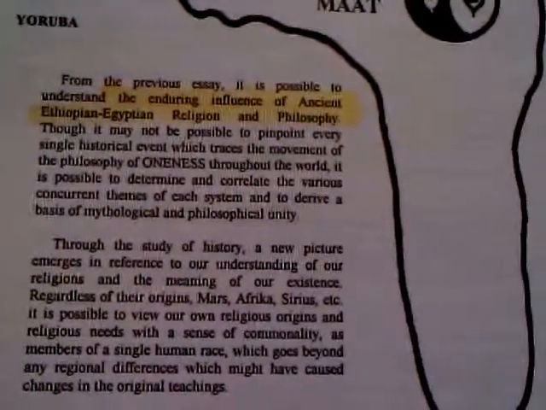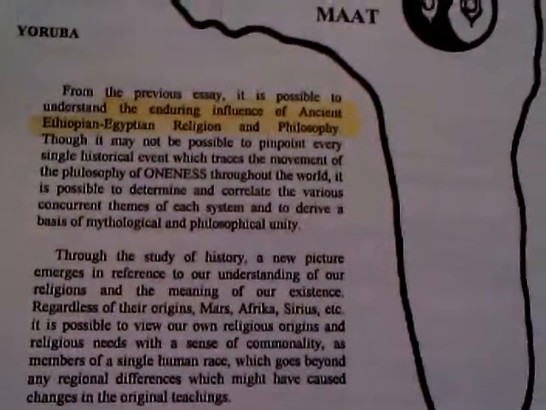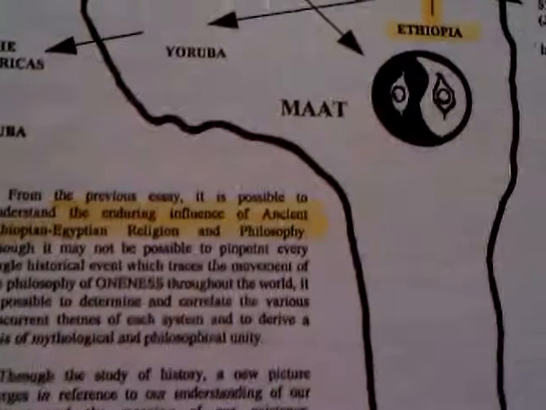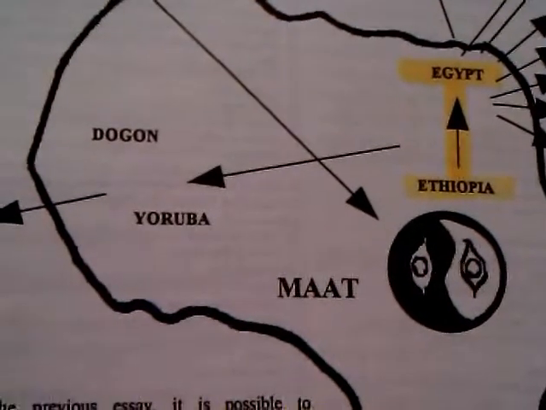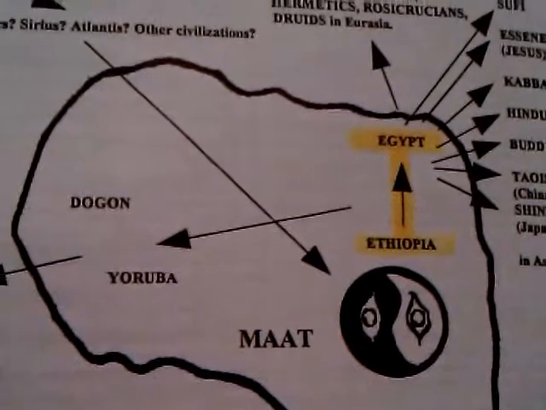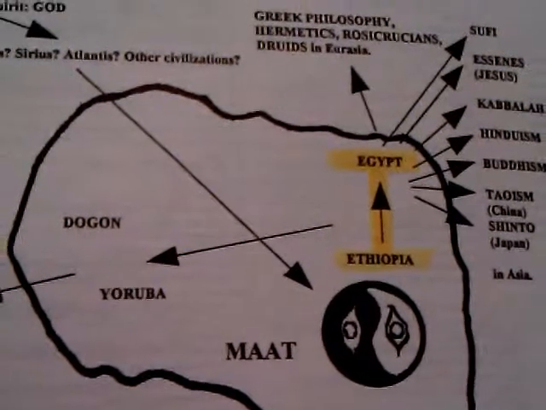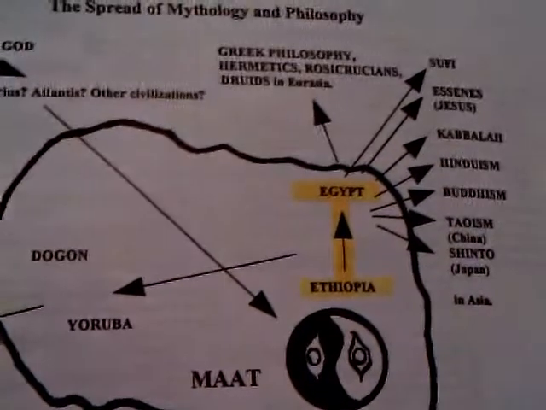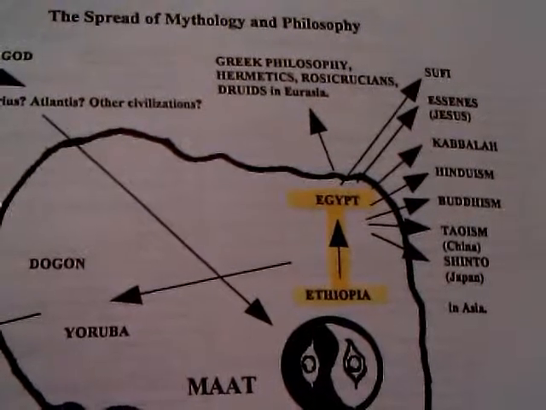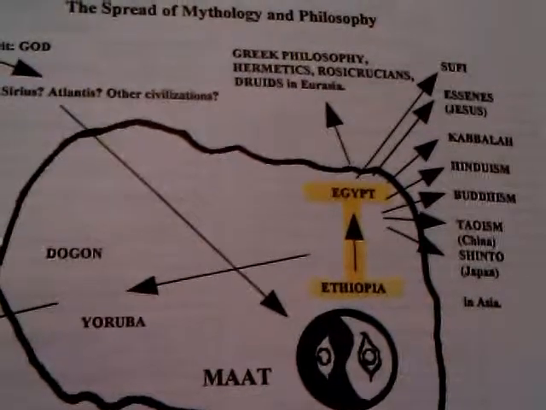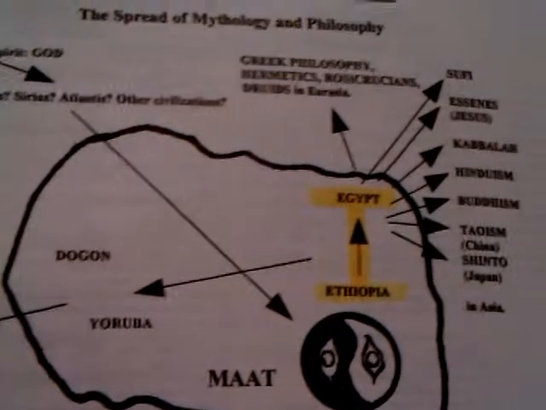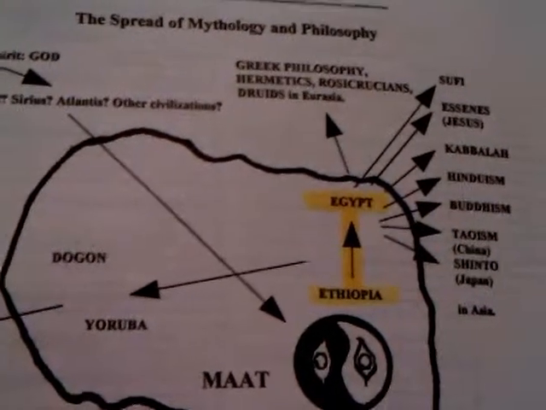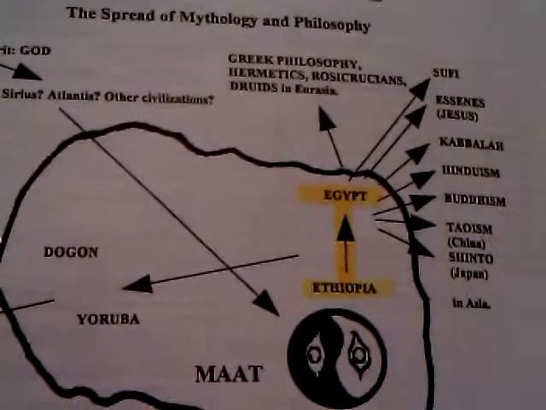and he says from the previous essays, it is possible to understand the enduring influence of ancient Ethiopian and Egyptian religion and philosophy. Though it may not be possible to pinpoint every single historical event which traces the movement of the philosophy or the love of wisdom of oneness.